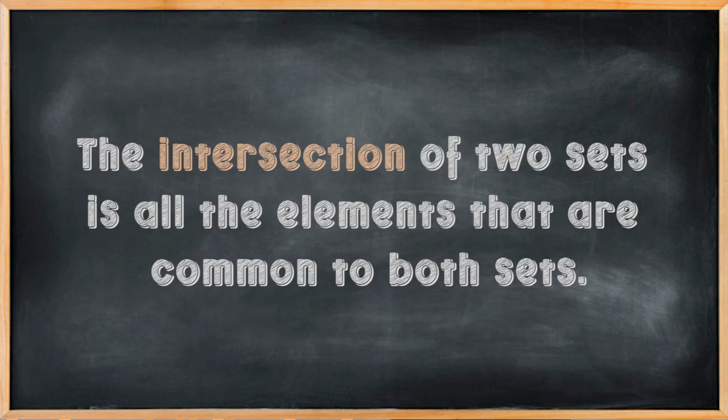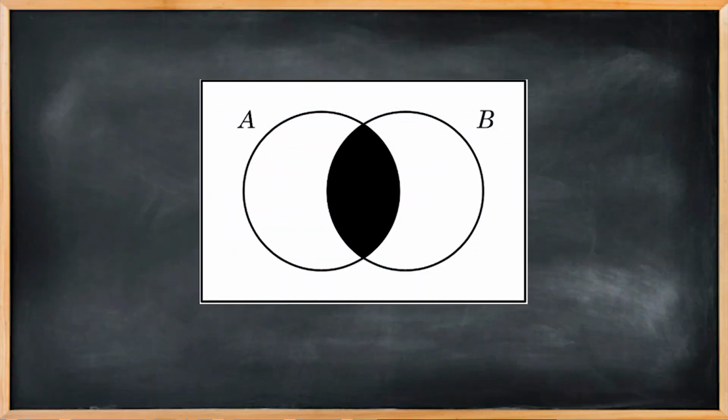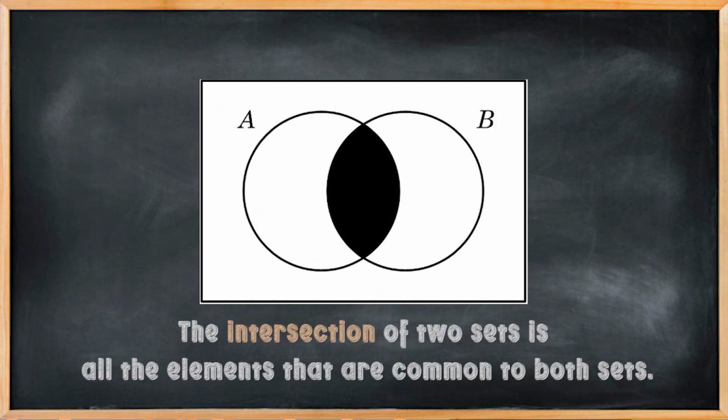The intersection of two sets would be all the members that are common in both sets. So the members that are the same belong to the intersection. And if we are to represent those sets using a Venn diagram, we have to draw those sets joining or intersecting.